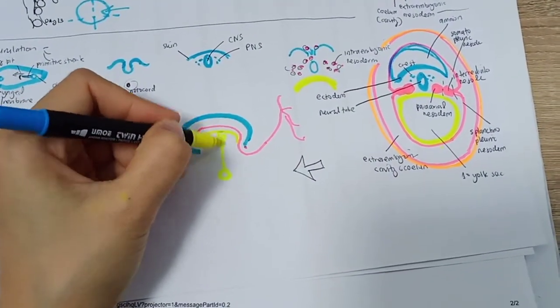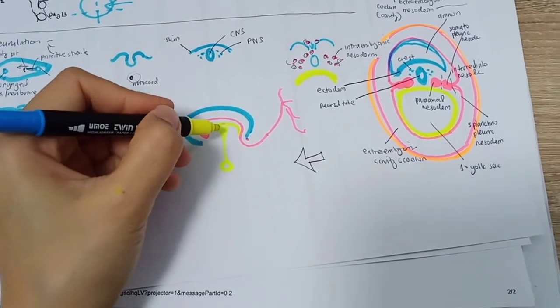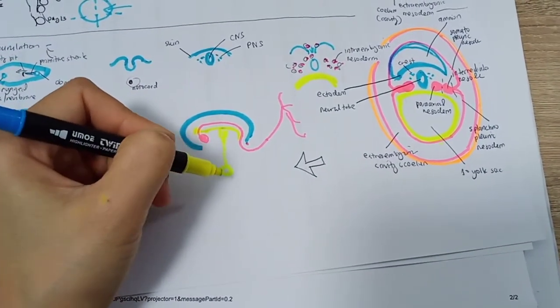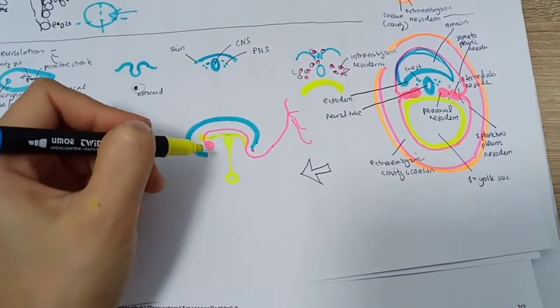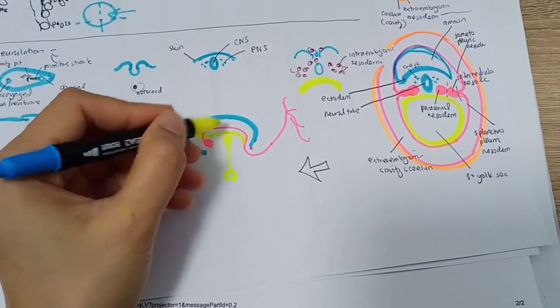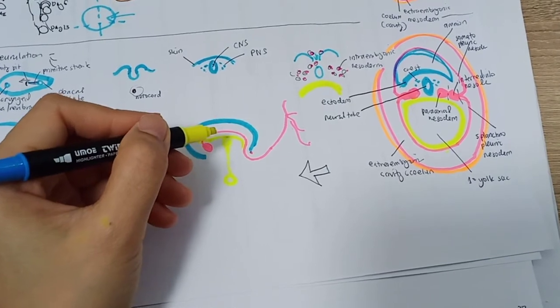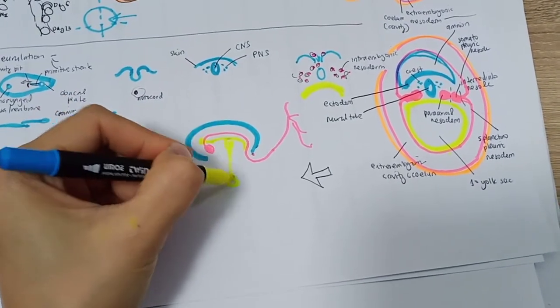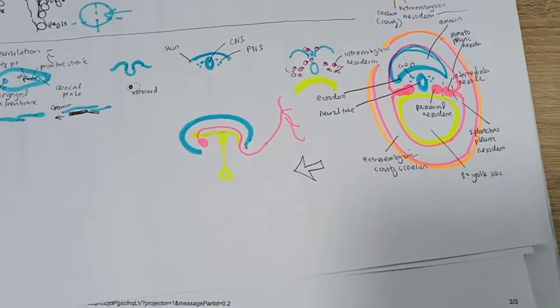But we still need this space because we need space for the rotation of the GIT, of the colon and also the small bowel. So we need this, and later on it's going to pinch off.